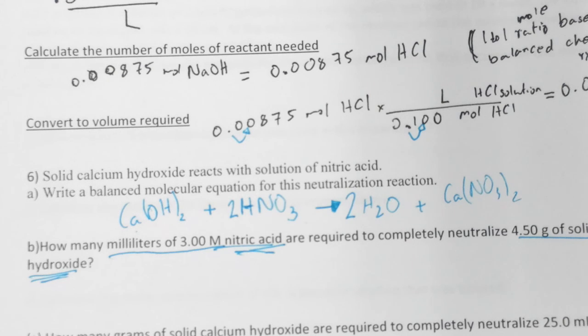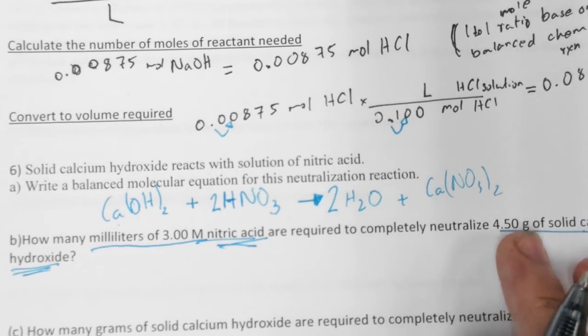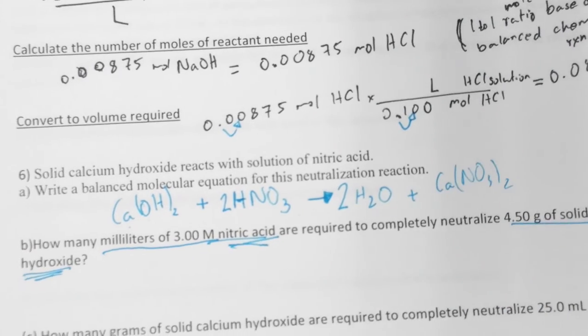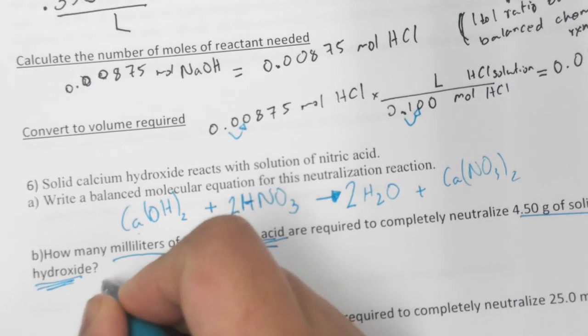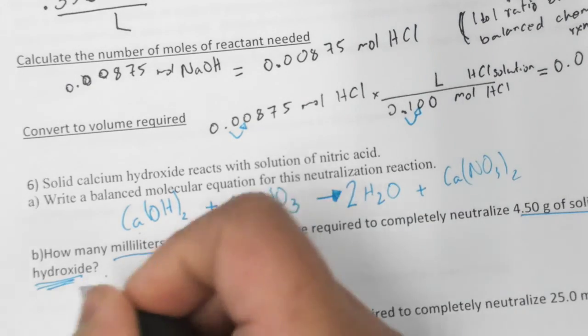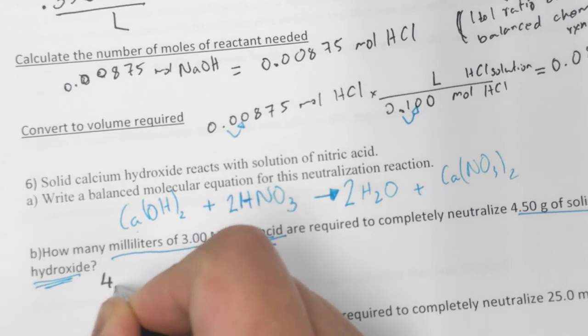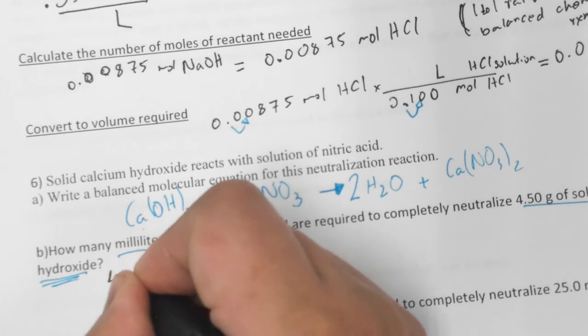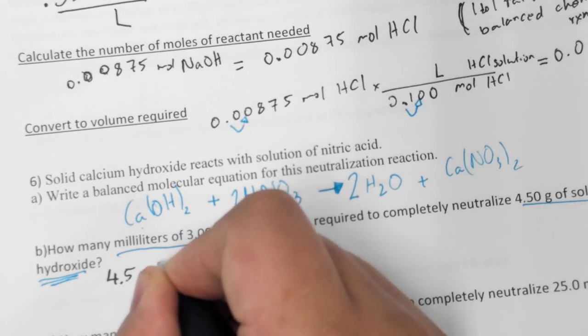Chances are when you have all these kinds of things in chemistry, what is involved is always moles, right? So you've got to convert it to moles. So let's do that. So 44.5 grams of solid calcium hydroxide. Well, let's convert it. I'm going to try to do it in one step. I'll try to separate it as much as possible. Let's see if you guys can follow.